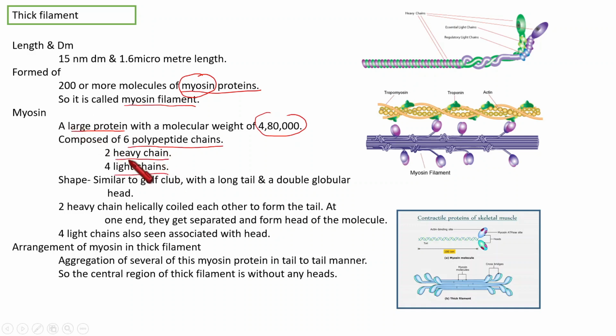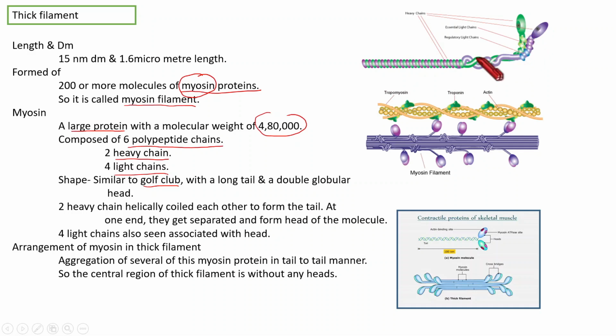Okay. Then the shape of that myosin protein is similar to a golf club. This is myosin protein, a single myosin protein. Its shape is similar to a golf club with a long tail and double globular head.